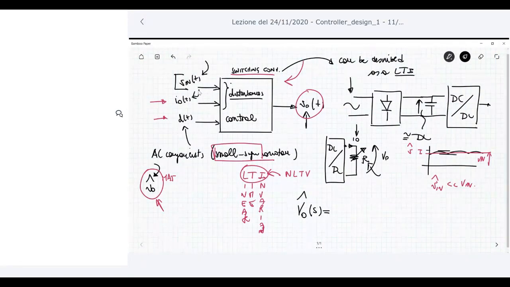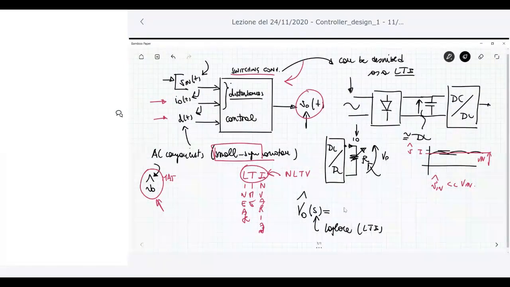So we can apply Laplace because the circuit is linear time invariant. And then we can apply the superposition effect again because we have a linear time invariant circuit. This superposition says that I can analyze the effect on the output voltage variation in terms of, first, the input voltage.